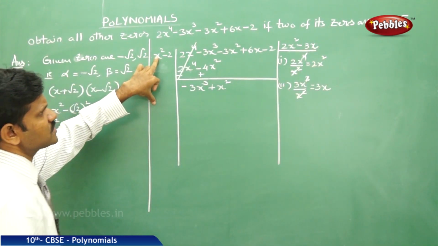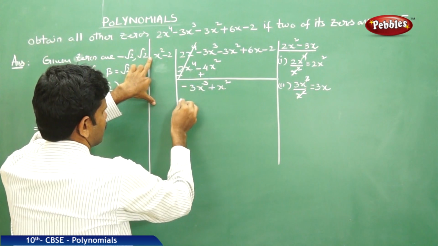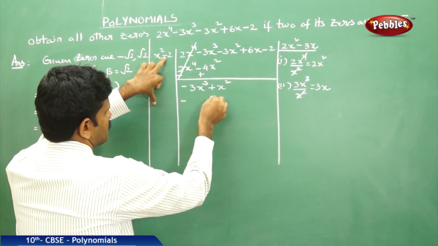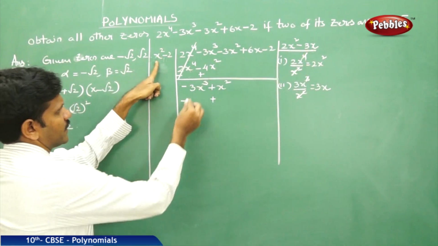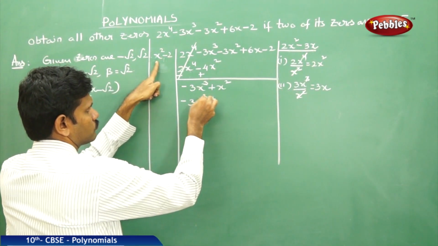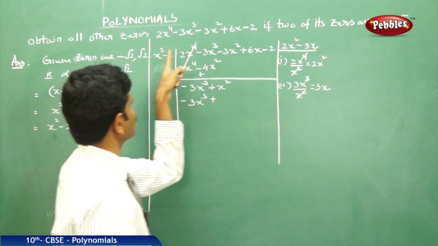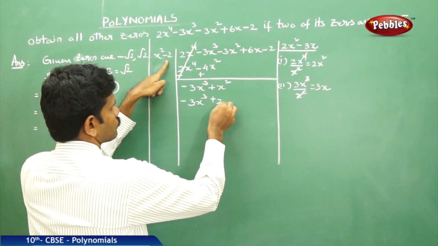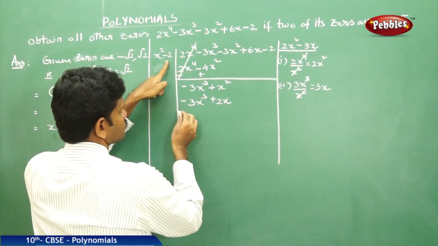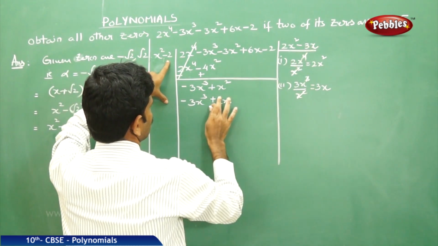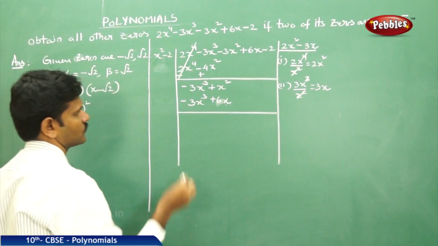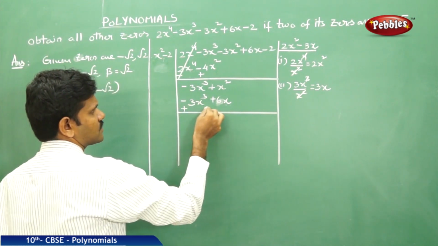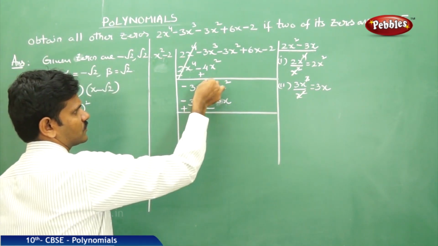Now first change the symbols. Here plus symbol is the right opposite, minus is the right plus. 3x into x square, 3x cube, 3x into 2, which will give you 6x. Next, plus minus cancel.